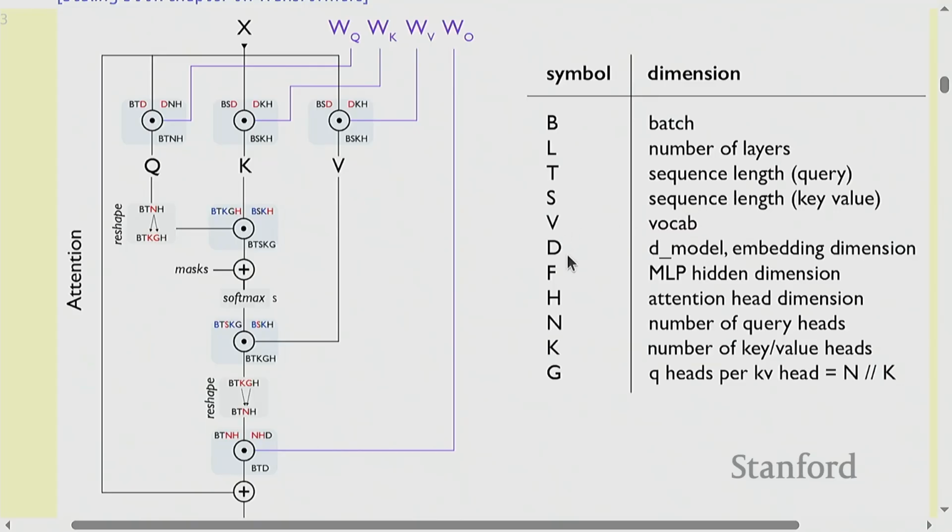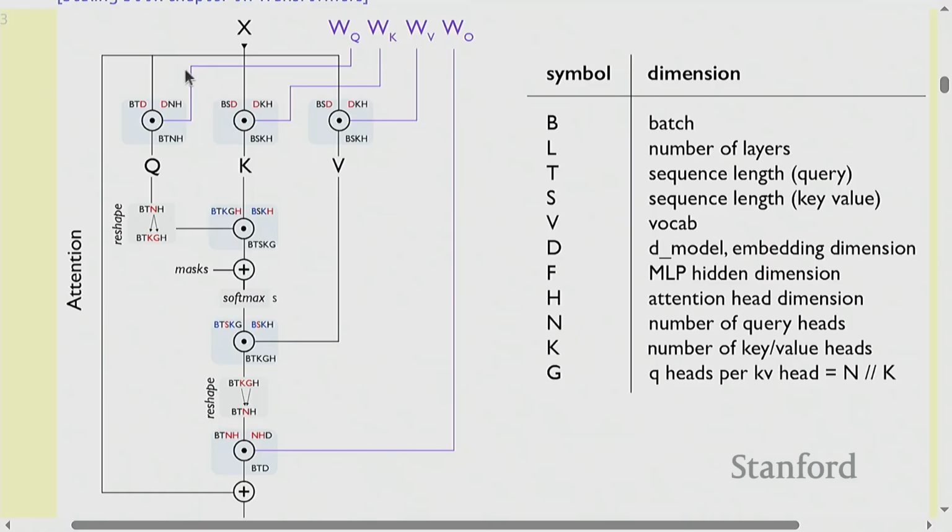V is the vocabulary, D is the dimensionality of your model, F is the MLP hidden dimension, which is usually 4 times D. H is the attention head dimension, N is the number of query heads, so generally N times H equals D. And then in GQA, grouped query attention, you have a different number of key value heads as query heads. Usually K is smaller than N, and G is the number of groups. So K times G equals N.